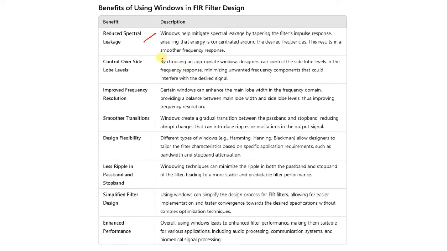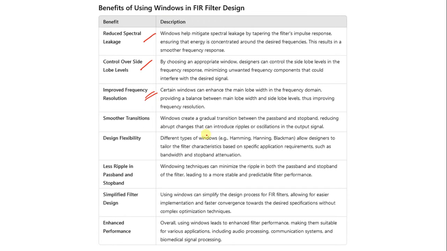Then by choosing a specific filter, you will be able to control the side lobes of the output signal. Then, since you are able to eliminate the unwanted frequencies in a better way, there is an improved frequency resolution.